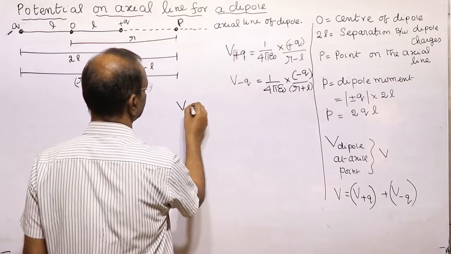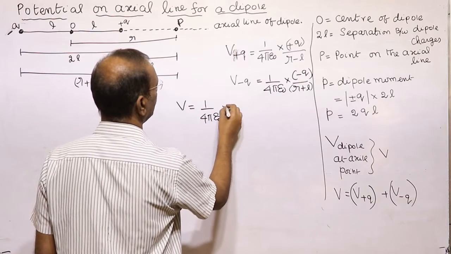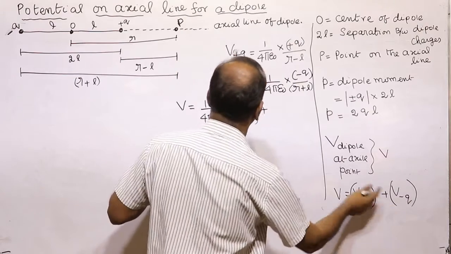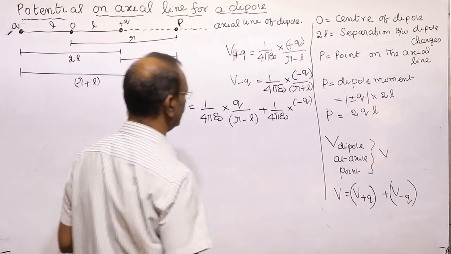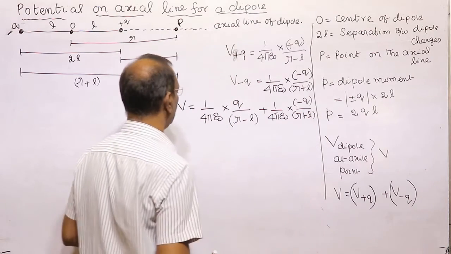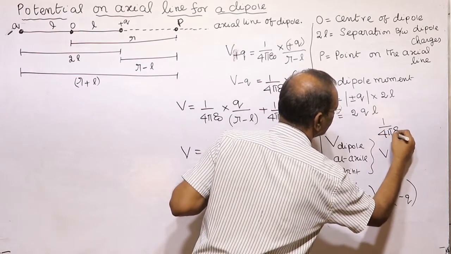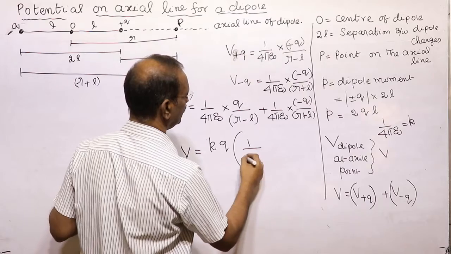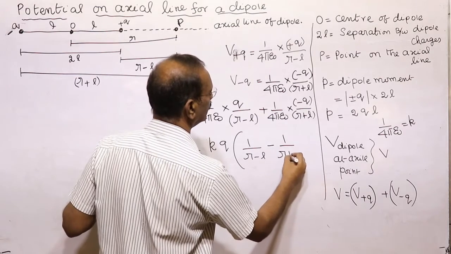So net potential is 1 by 4 pi epsilon naught into Q by r minus L, plus 1 by 4 pi epsilon naught into minus Q, because the charge is minus Q and potential is a scalar, we have to use the sign, divided by the distance r plus L. Or we can write the potential as K, taking 1 by 4 pi epsilon naught as K, and taking the charge outside: K Q into 1 by r minus L minus 1 by r plus L.